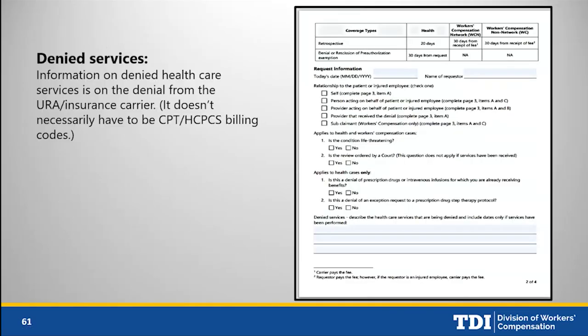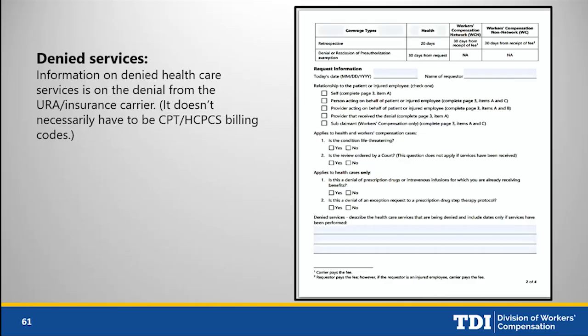Some tips for completing the form are in the denied services section. So use the information on the adverse determination. And again, it doesn't necessarily have to include the actual billing codes. Also, when completing the injured employee information, if you do not have the DWC number, it's okay to leave that blank.